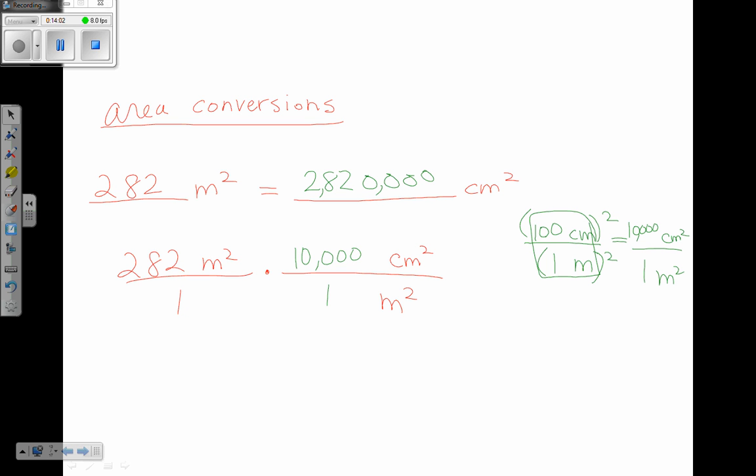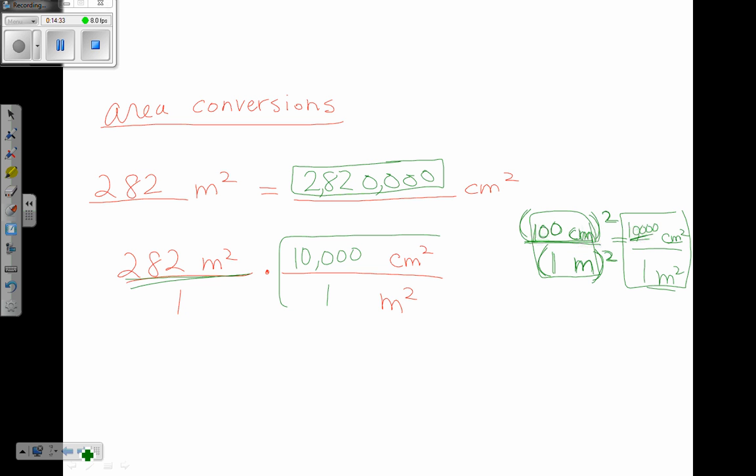This is an example that I did. This part was blank earlier. And the way I figured this out is I started with this fraction, 282 meters squared over 1. And then I had to use the fact that 100 centimeters is equal to 1 meter. And then I had to square both of these to find out that there are 10,000 centimeters squared in 1 meter squared.